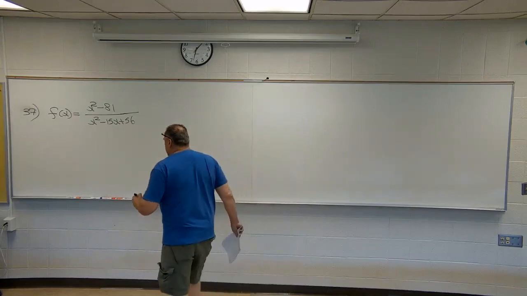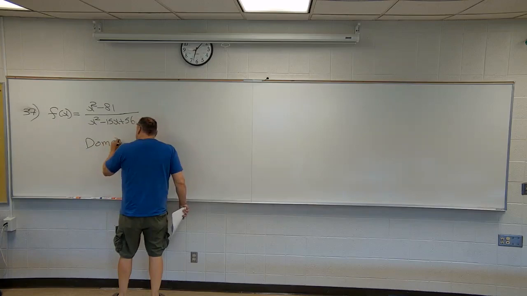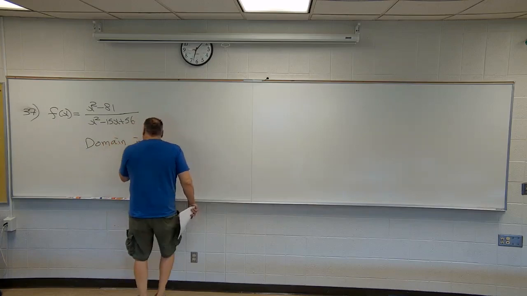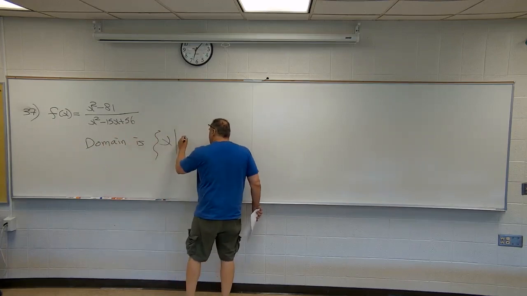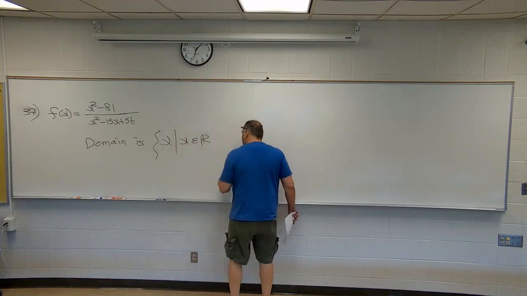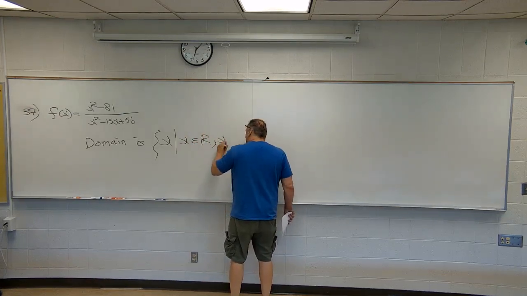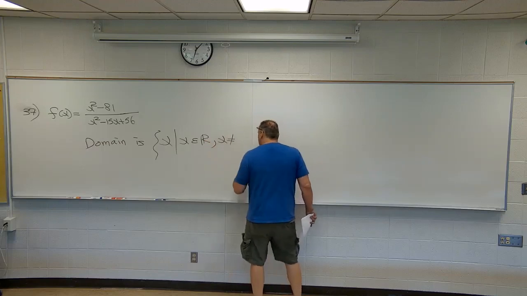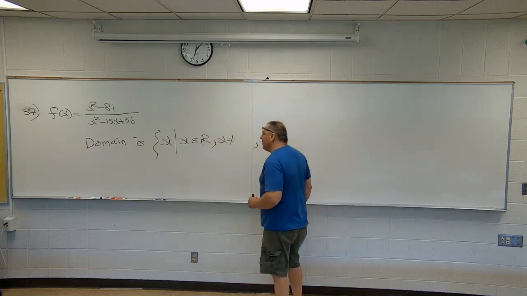All real numbers, the domain here, is the set of all x such that x is an element of the real numbers, but x is not equal to, there's probably going to be two things they're not equal to.